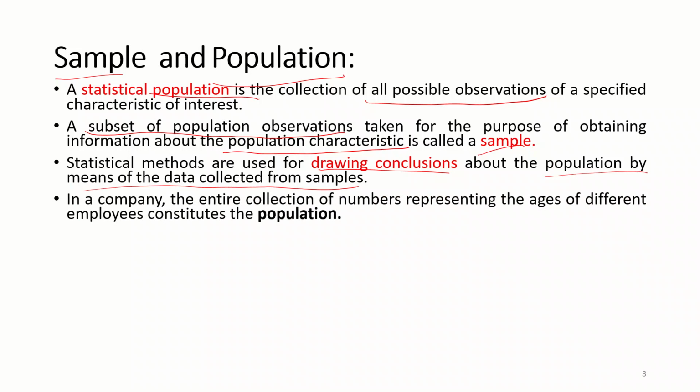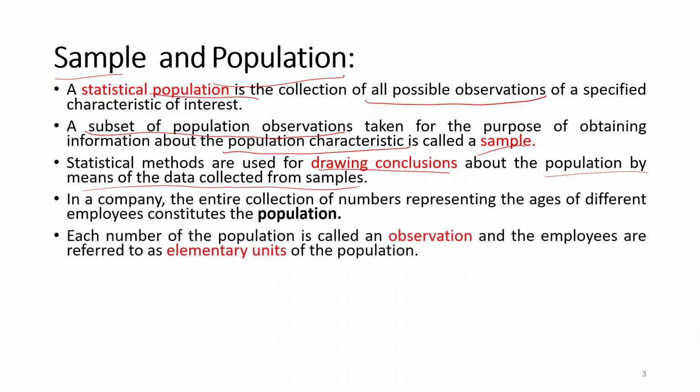In a company, the entire collection of numbers representing the ages of different employees constitutes the population. So all the employees in a company, their ages, is the population. Each number of the population is called an observation, and the employees who are observed are elementary units of the population.